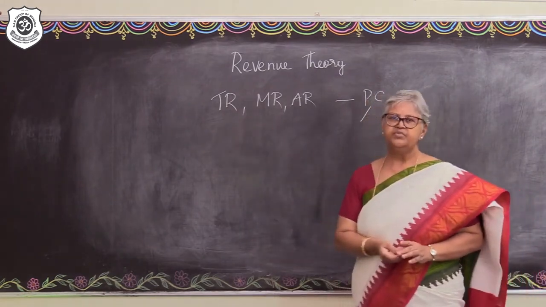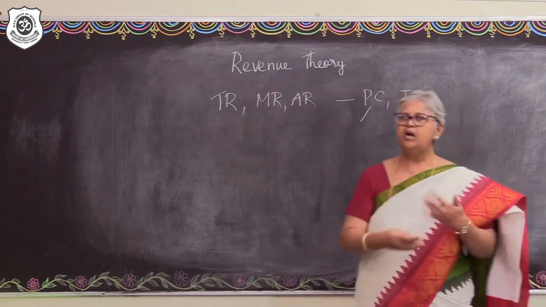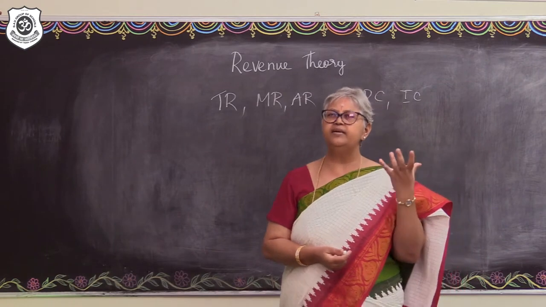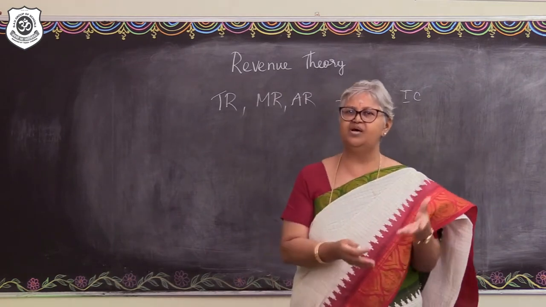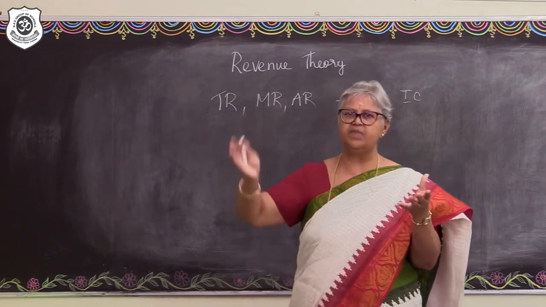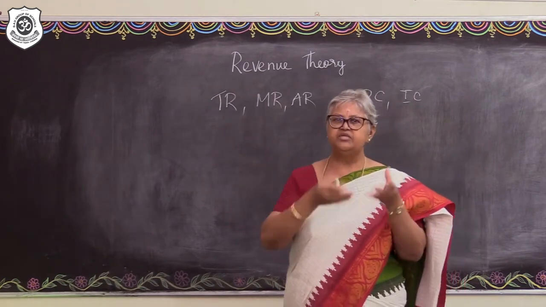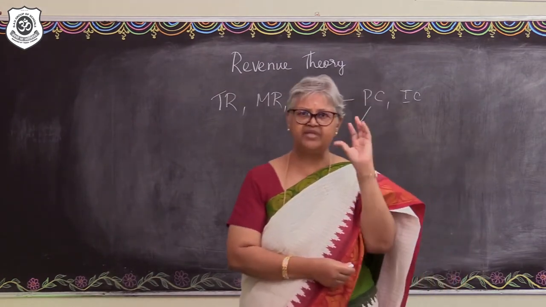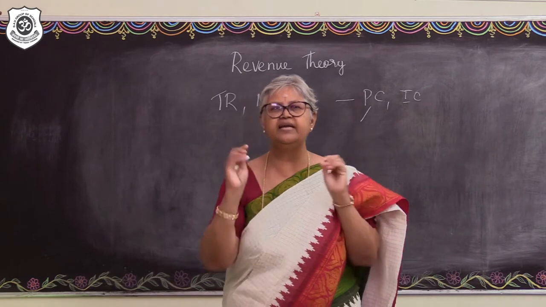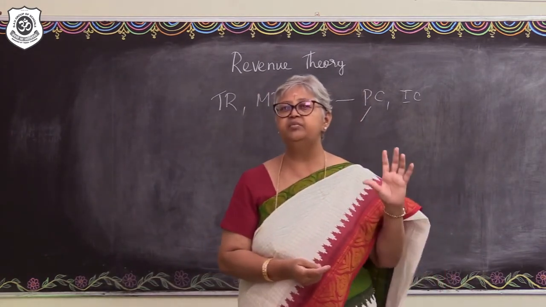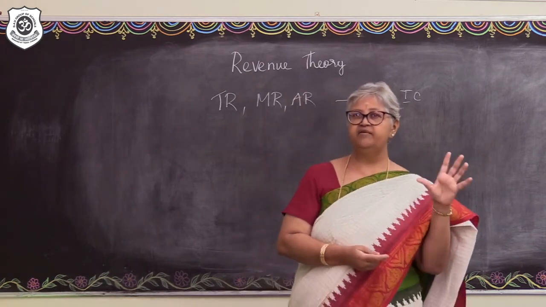Total revenue is nothing but the amount of revenue that is generated by a firm, even as all the output is sold in the market. Production is going to happen, some amount of output is going to be produced, and if that output is going to be sold in the market at a particular value, then that would be generating the revenue and that would be the total revenue for the firm.